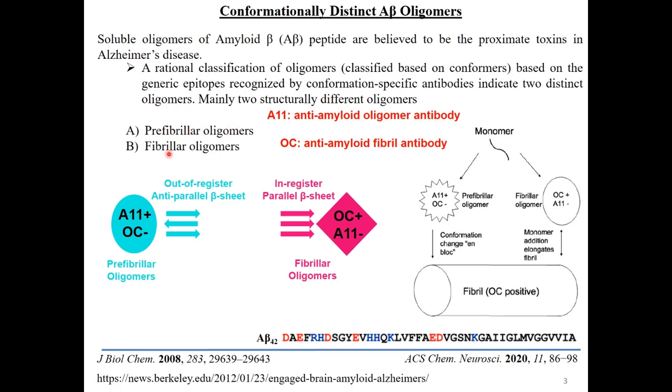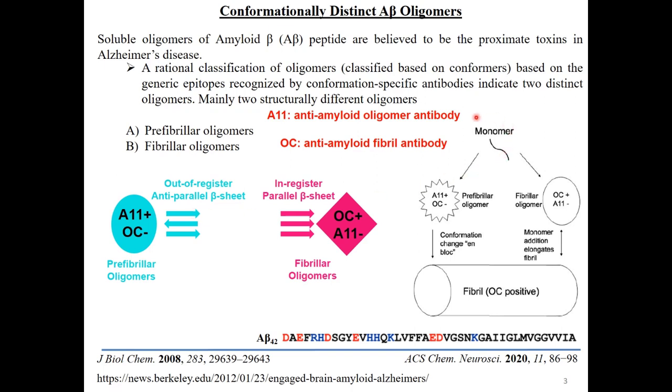On the other hand, fibrillar oligomers are recognized by the OC antibody, that is the anti-amyloid fibril antibody. The OC antibody recognizes fibrillar oligomers with in-register parallel beta sheet structure, while the A11 antibody recognizes prefibrillar oligomers with anti-parallel beta sheet structure.